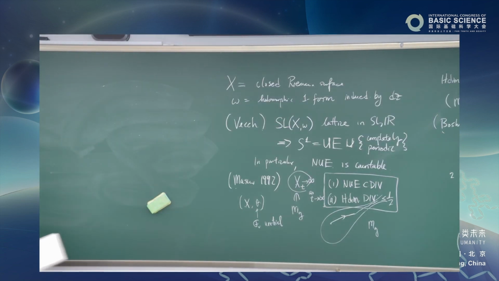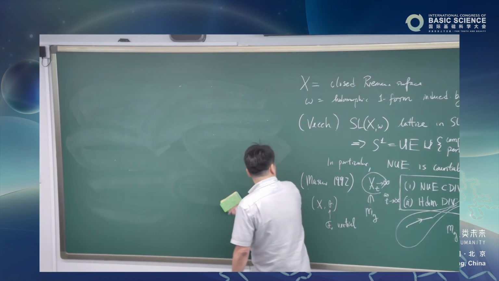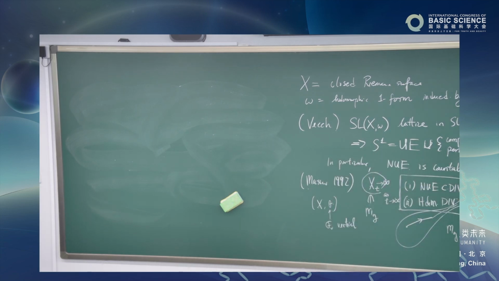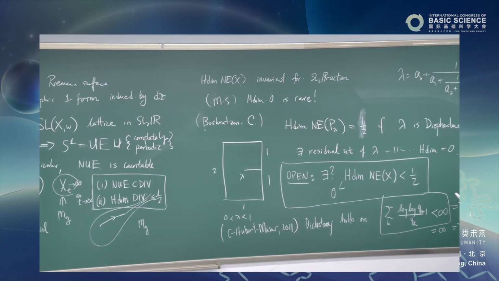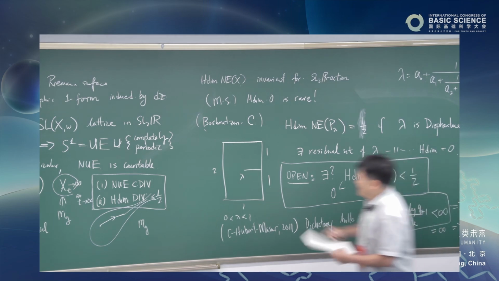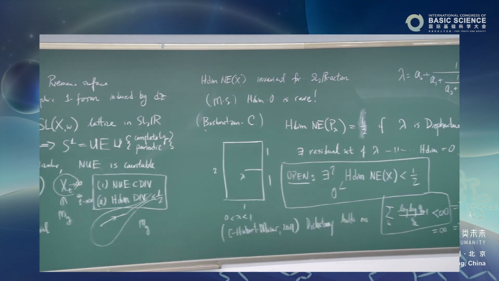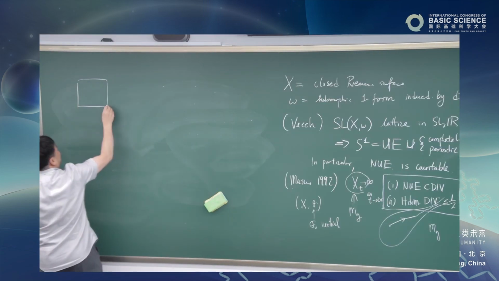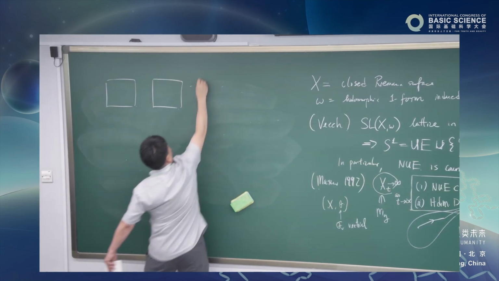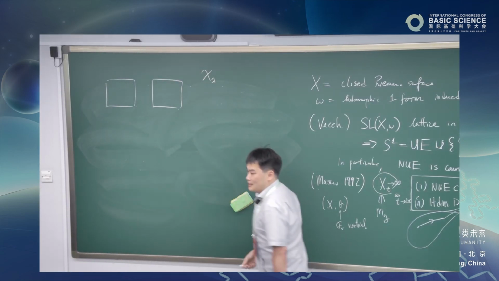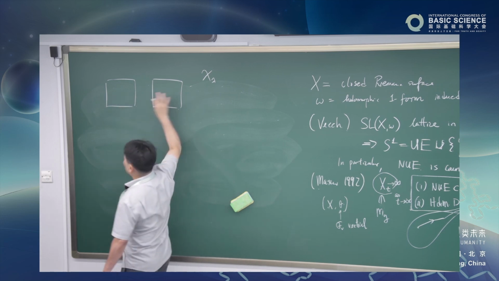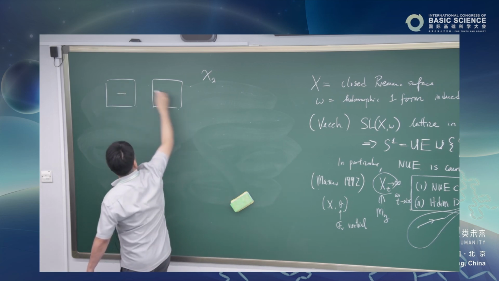It's unsatisfactory because when we unfold this, okay, I'll tell you why. Because the surface that you get when you unfold it, which I call X lambda, is two tori glued together along a slit of length lambda.